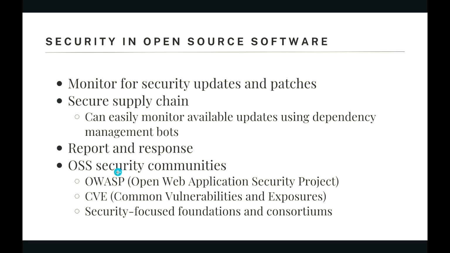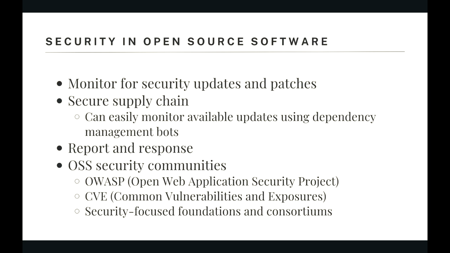There are these secure communities like OWASP dedicated to improving OSS security, that is open source software security. So this organization focuses specifically on web application security. They have resources such as guidelines, best practices, and tools to help developers and organizations to build and maintain secure web applications.